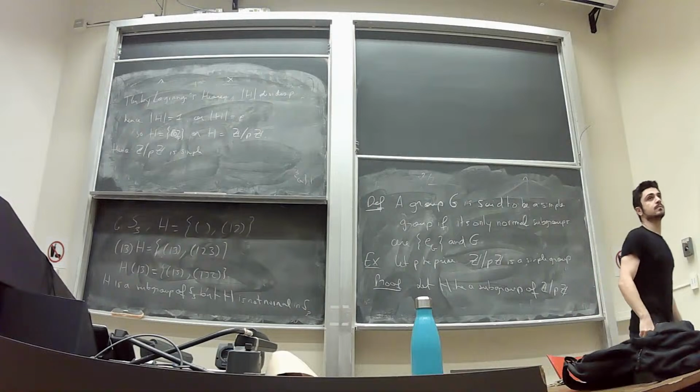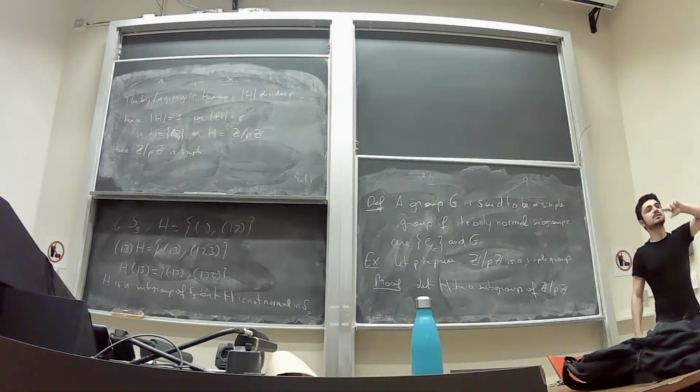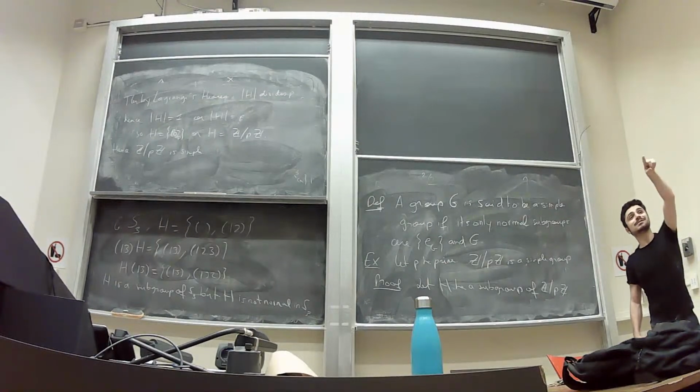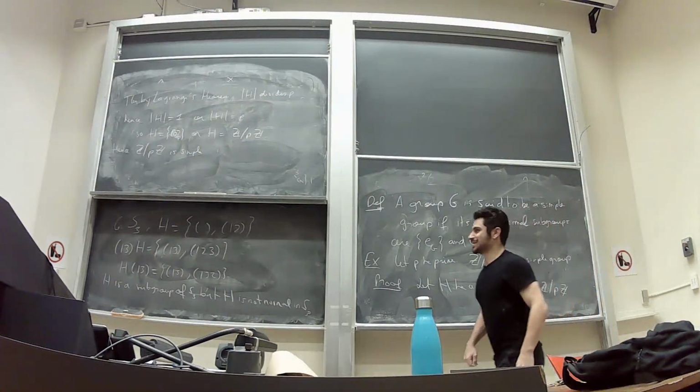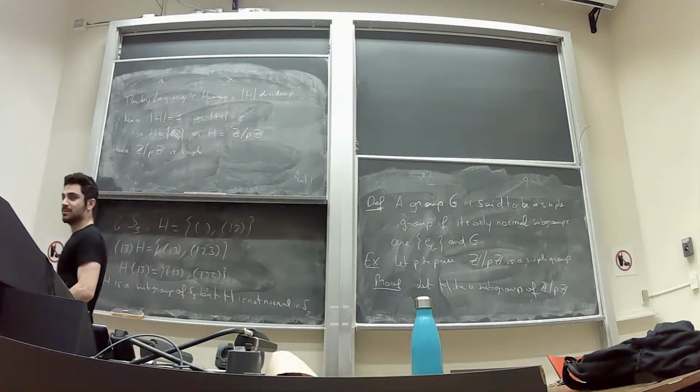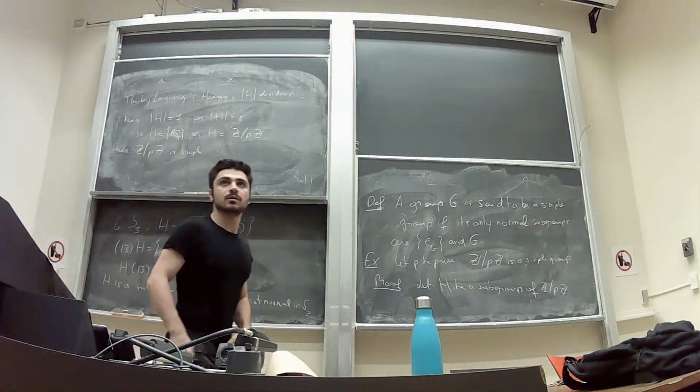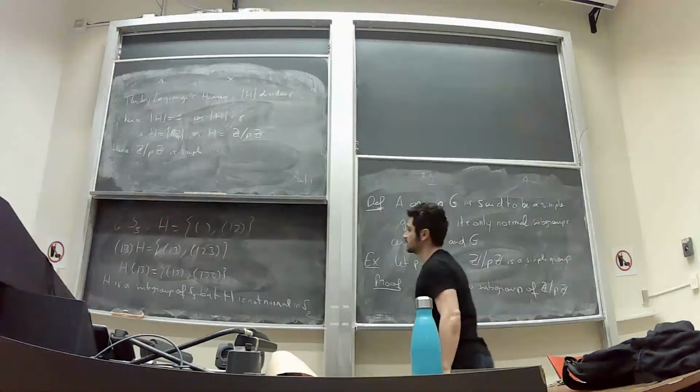Somebody raised their hand. Who raised their hand here? Yeah, you. Okay. So if G is abelian, then any subgroup is normal. Okay. Great.